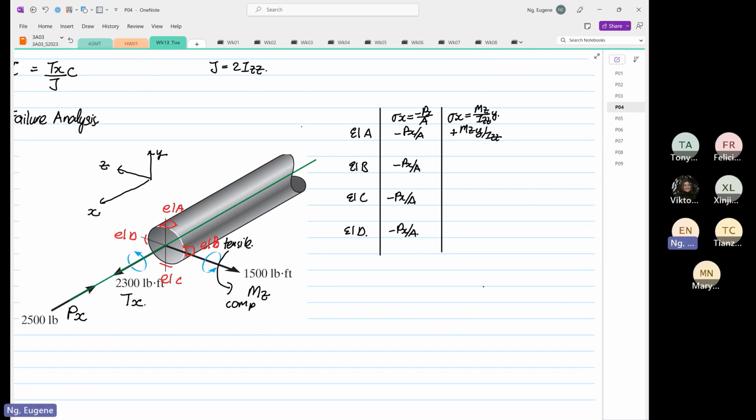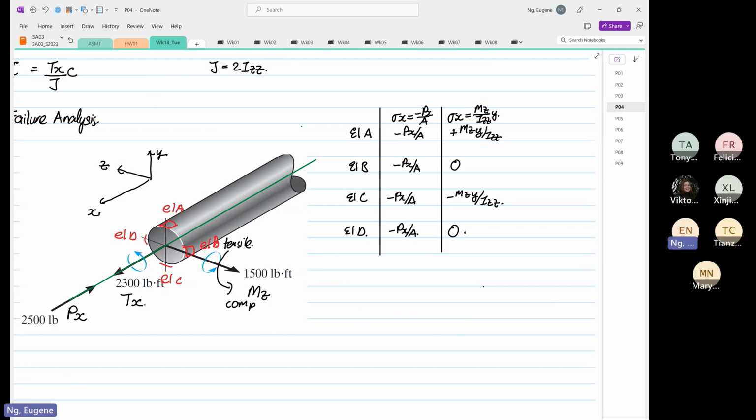Point B is at the centroid, right? So it's equal to what? 0. Okay. And then point C again is at minus Mz multiplied by y over Izz. And then point D is equal to 0.